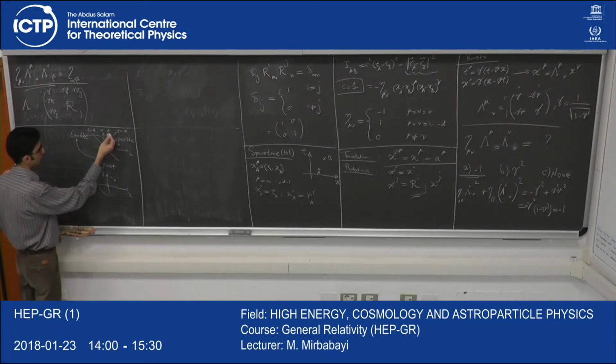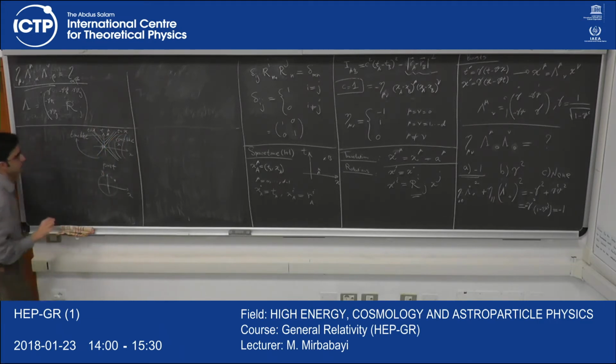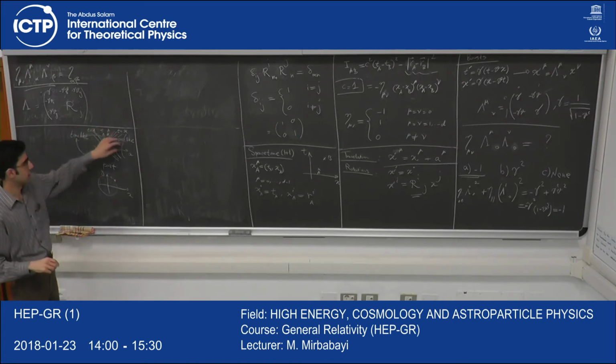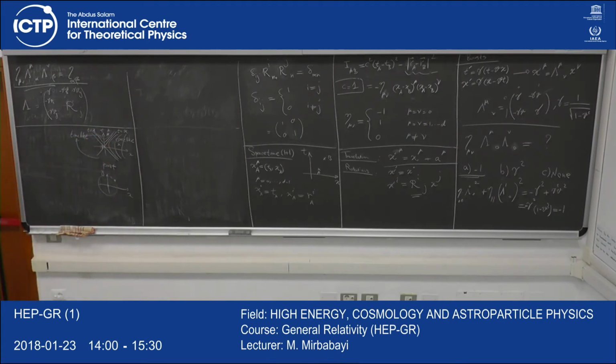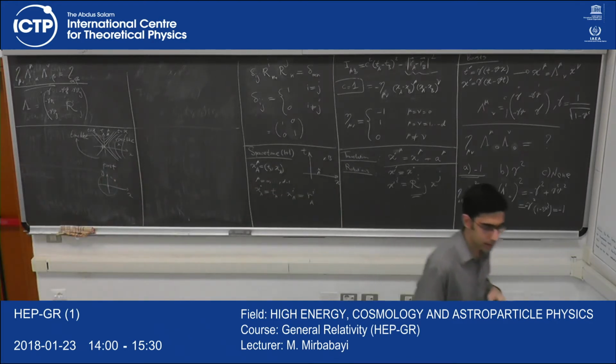So the orbits of Lorentz transformations are things like this. They do not mix these regions. Therefore, it's meaningless to say two events or two points are time-like separated, or they are space-like separated. They are not coordinate-dependent statements.